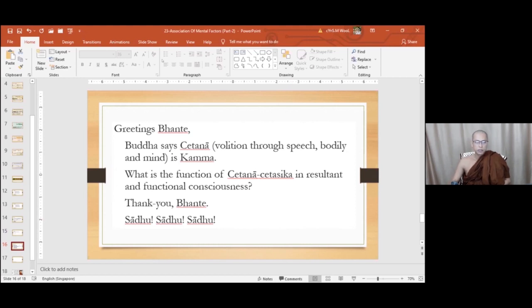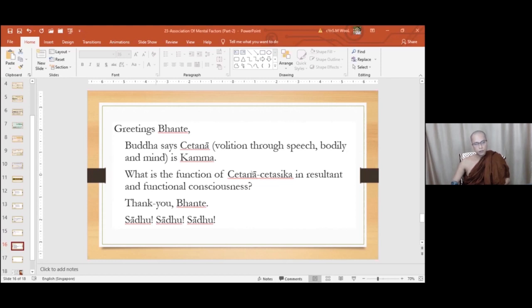Okay, so the cetana here, good and bad, volition through speech, body, and mind. In the case of wholesome and unwholesome consciousness, the cetana has an ethically active, karmic form, because it gets the support of the defilements and clinging, kilesa and upadana.